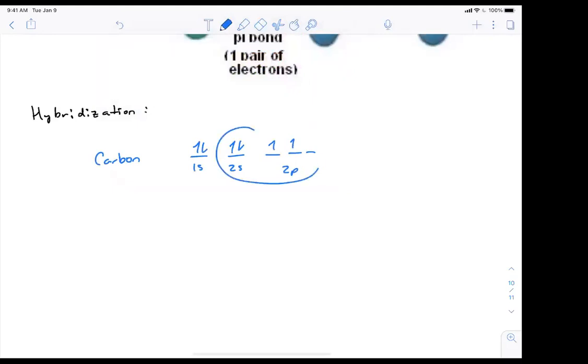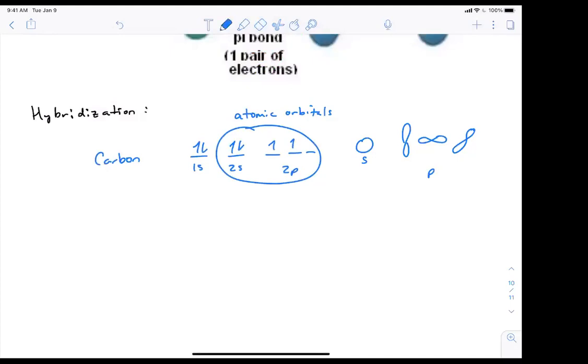And these are atomic orbitals: a 1s orbital, a 2s orbital, and 3 p orbitals. Actually, let me just write p there so it's not confusing.